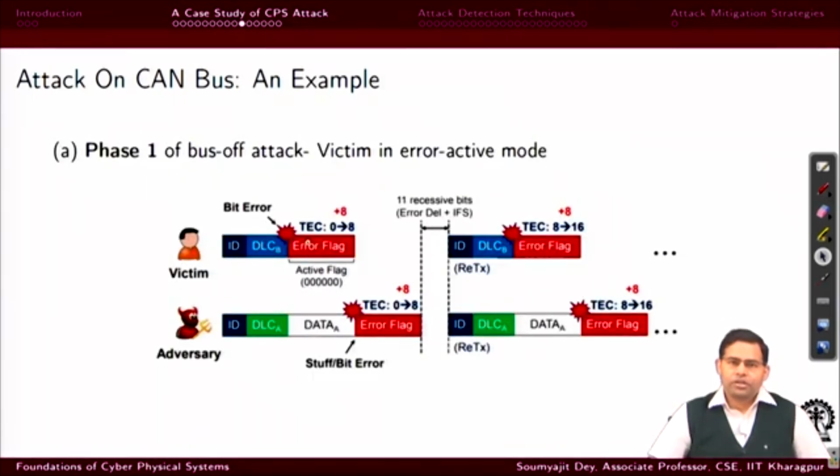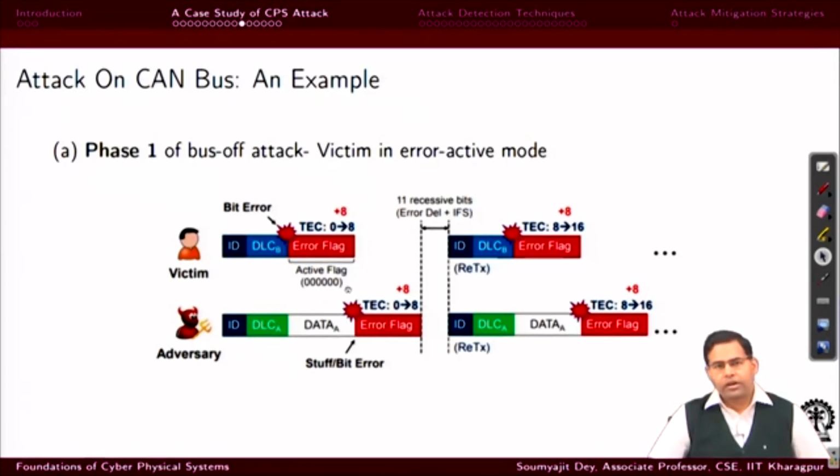So the TEC goes +8 here for the victim, but is that all? No. When this happens, by the CAN protocol, the victim will emit an error active flag, which is a sequence of all zeros.